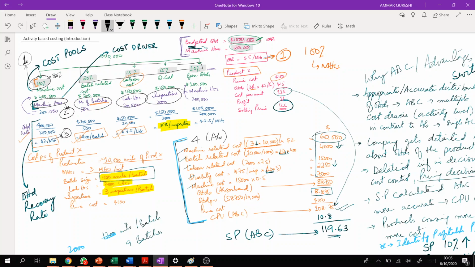Then we calculated total overheads and overhead per unit as a fifth step. And then we calculated cost per unit of the product, which is the sixth step, and obviously the selling price. This is something which we did in the previous lecture. In today's lecture, we are going to start with a question, and we are going to apply all these six or seven steps in the question.